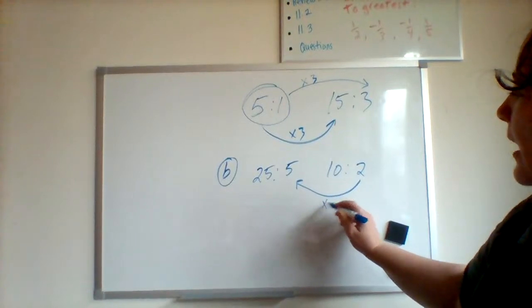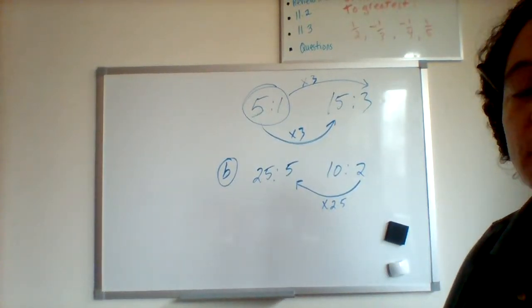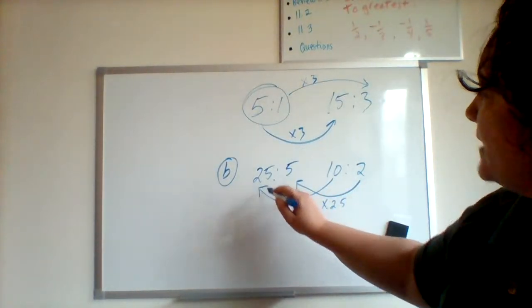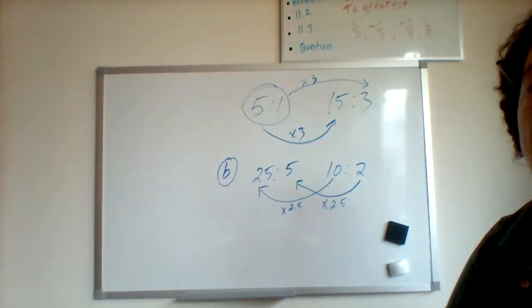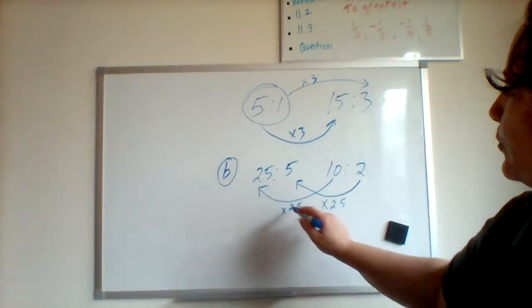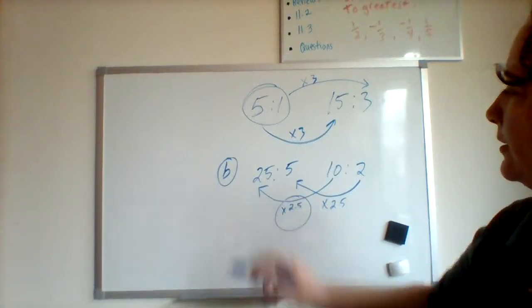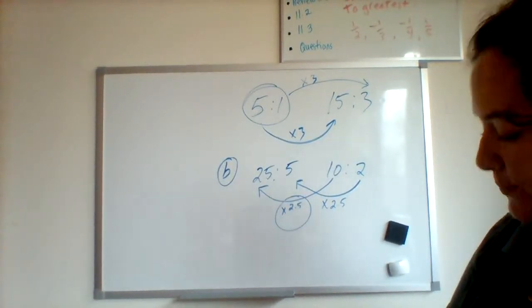I would have to multiply by 2.5. 2.5 plus 2.5 is 5. If you do the same thing to 10, do you get 25? Yes, you do. 10 times 2.5 is 25. So what's my multiplier here? Good job. That's why they're equivalent ratios.